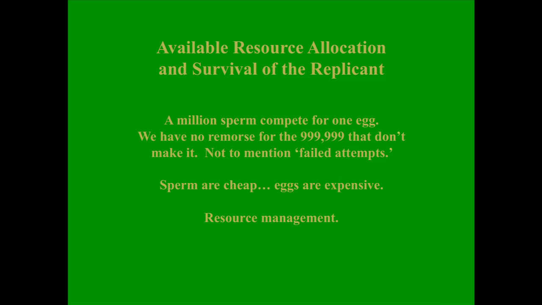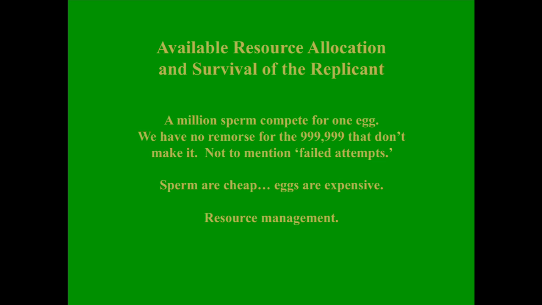One of the things that you recognize as a hallmark of biological life, but certainly not unique, is that in many, many organisms, males produce a lot of gametes. Females produce few. So it becomes a sort of an example of resource allocation.